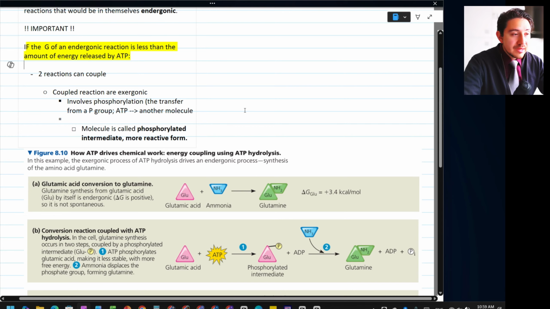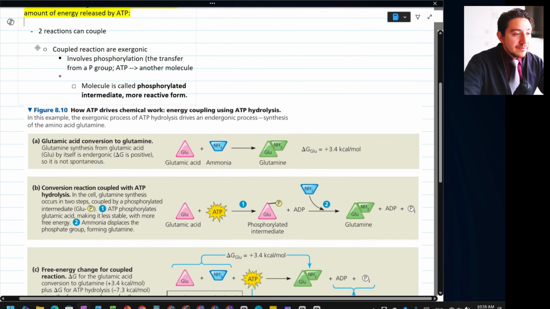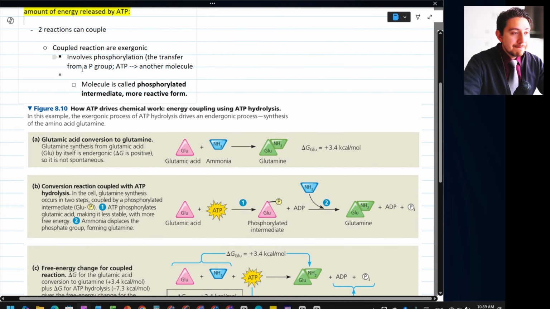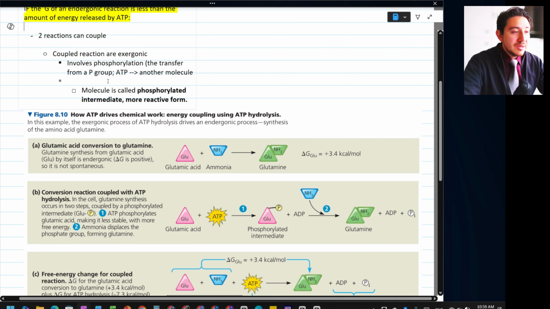Two reactions can couple together. So coupled reactions are exergonic. And this involves the use of ATP in phosphorylation, as we're going to see in the diagram I'm going to go over.